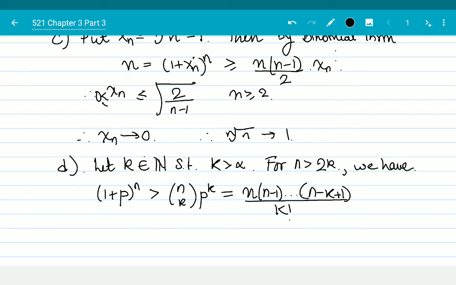Well, n is greater than 2k, right? So every single term is greater than n over 2.